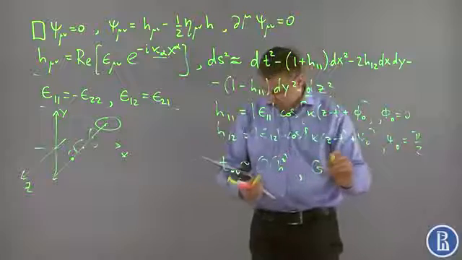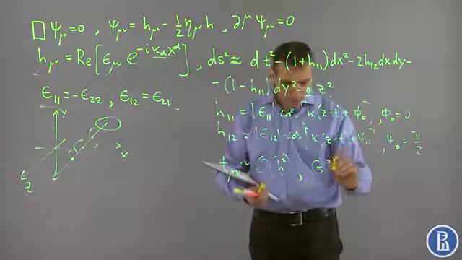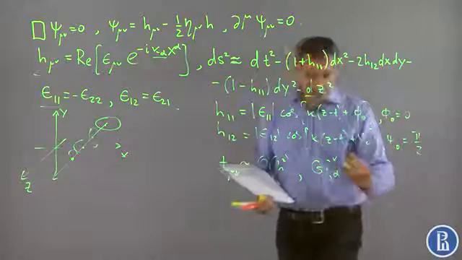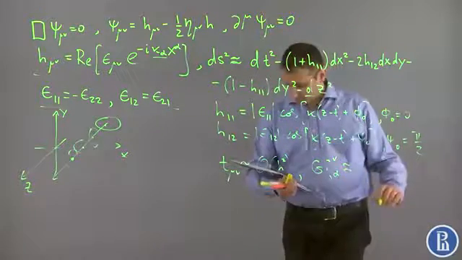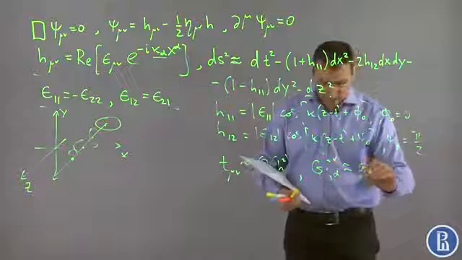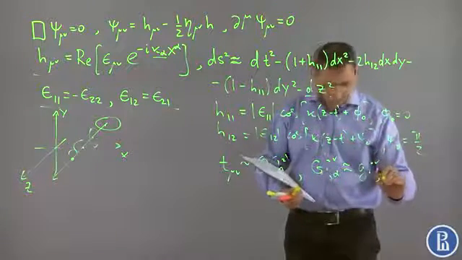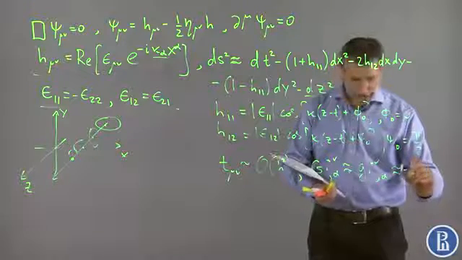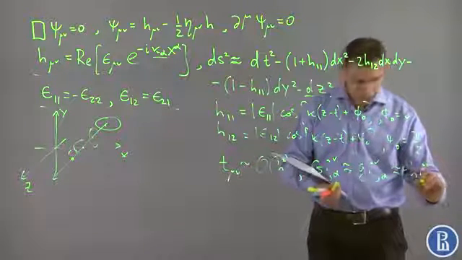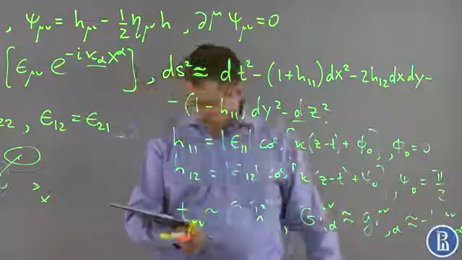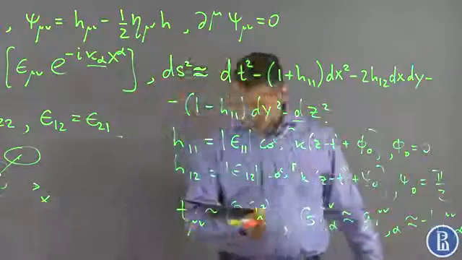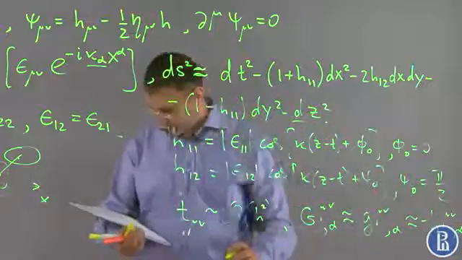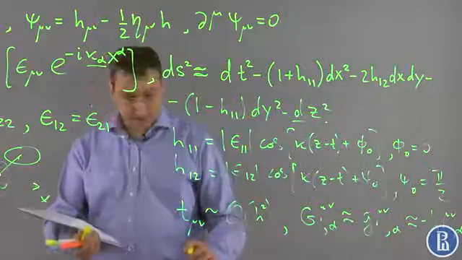I remind you that there were G mu nu comma alpha quantities, and in our linearized approximation this is approximately equal to minus h mu nu comma alpha. So the only non-zero contribution to T mu nu, as follows from all these relations, comes from the term like this.